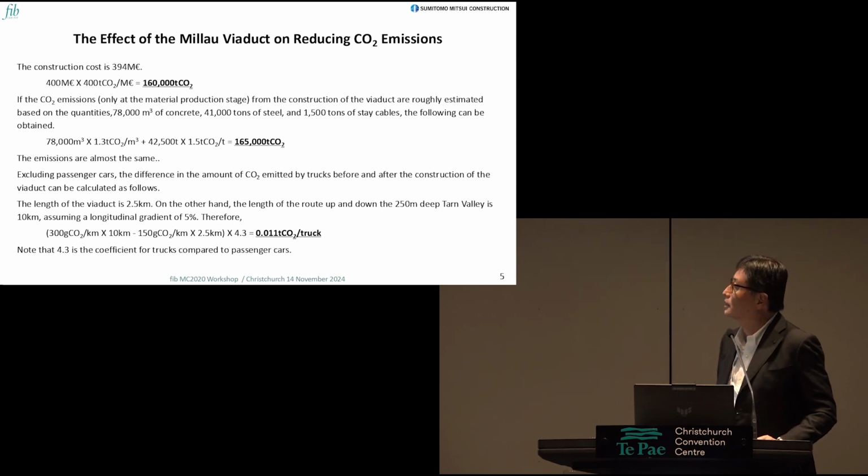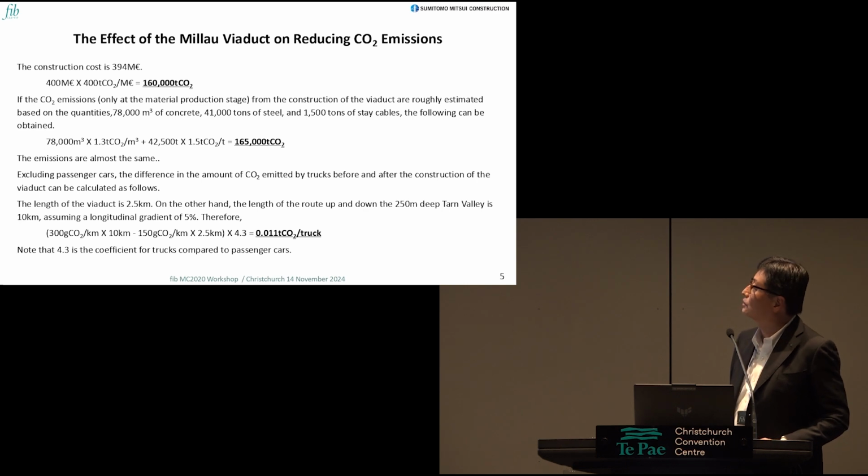So I estimated that the past road inclination is about 5%. The length of the road in the past was about 10 kilometers, and the new viaduct is shortened to 2.5.